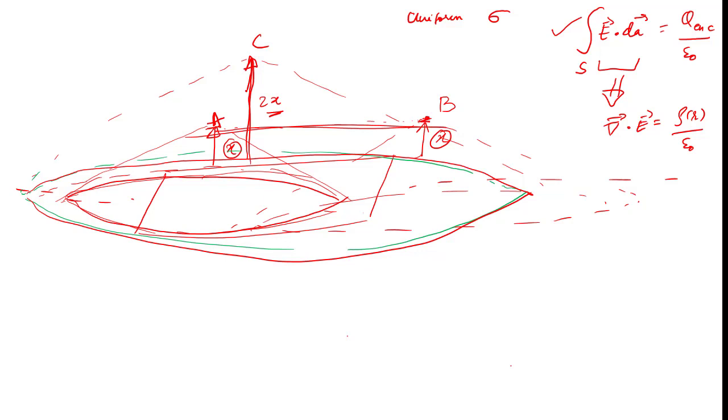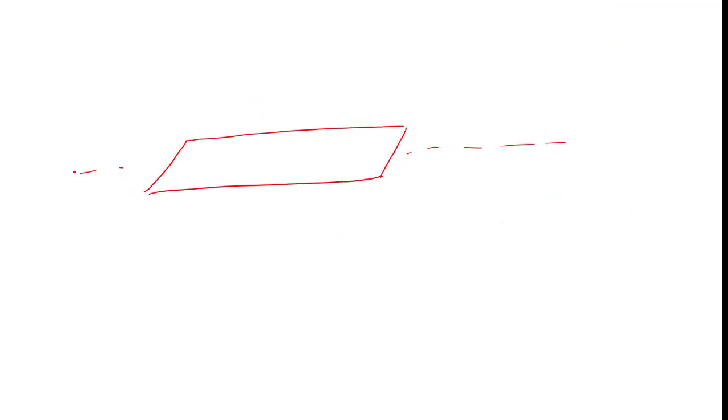So the electric field from an infinite plane would be constant. So with this simple argument, now you can see that the electric field of the infinite charge sheet should be pointing up when you're on the top, and when you're at the bottom, it should be pointing down. And it is constant throughout.